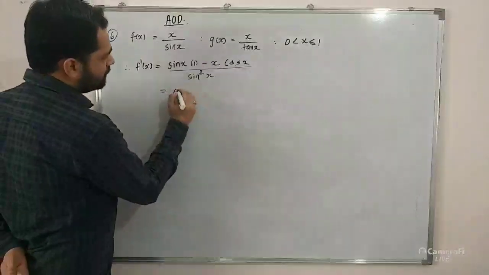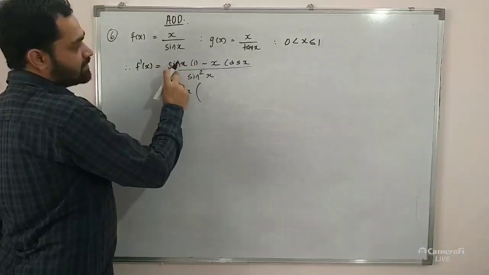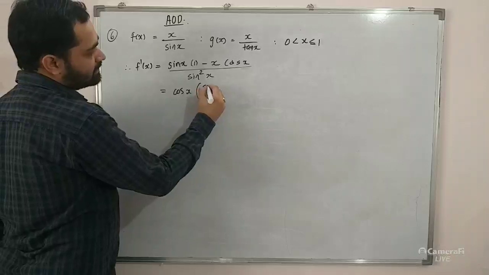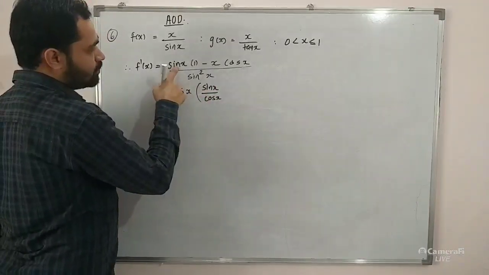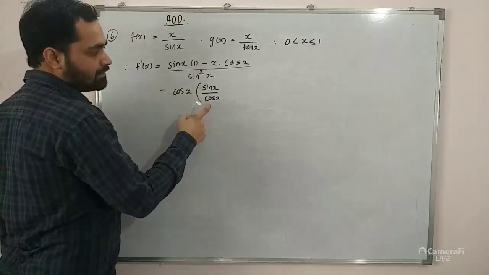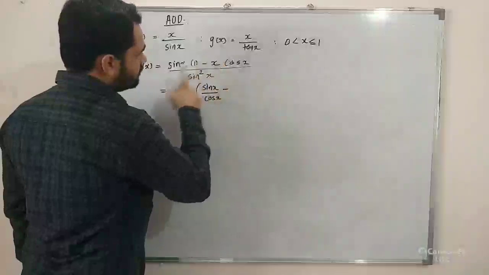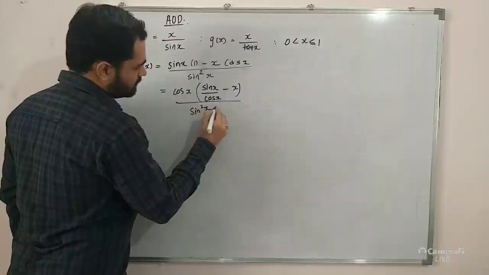There is no cos x in this term, so we divide it with cos x, giving sin x upon cos x. Now cos x is common, so the remaining term is x upon sin square x.